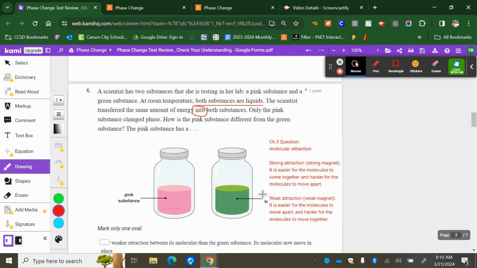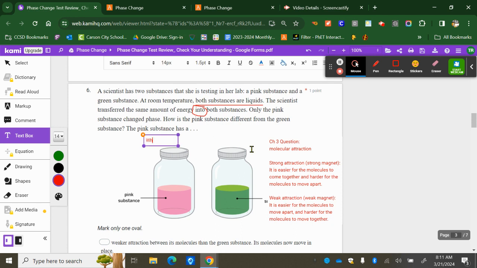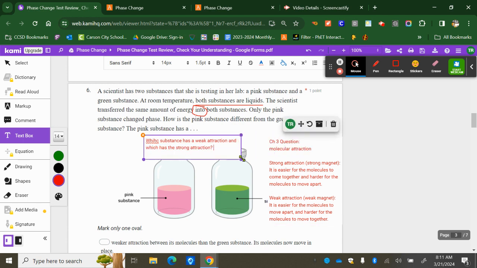So looking at our pink substance versus our green substance, we need to determine which one has the weak and which one has the strong attraction. That is what we're trying to figure out in this question, okay?